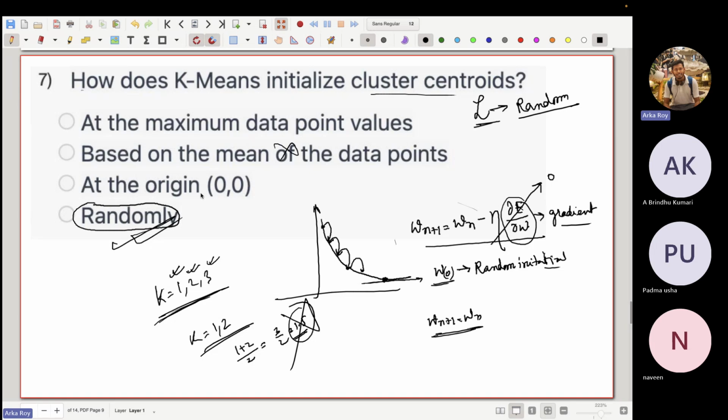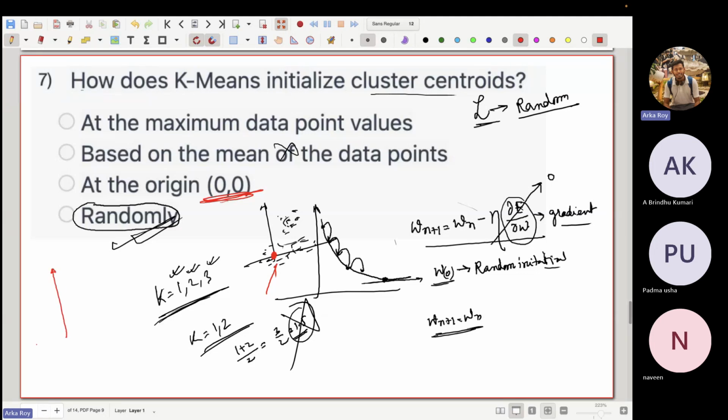And then the origin. Given certain data point clouds, you can choose an initial guess of the centroid at this particular point, but this would lead to some bias. To avoid a strict definite value, putting a centroid at 0, comma 0, may create a bias.